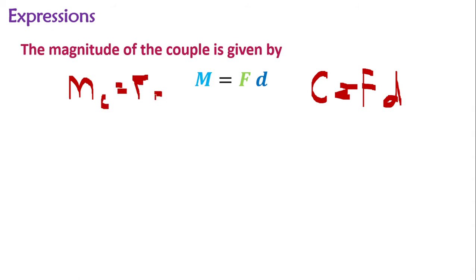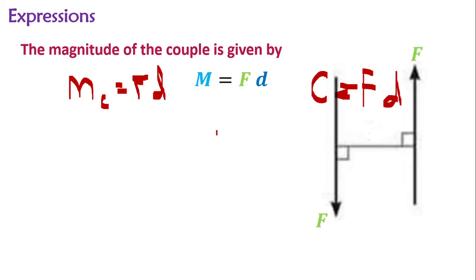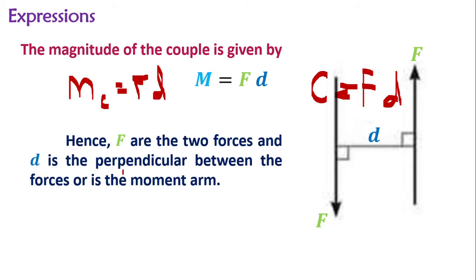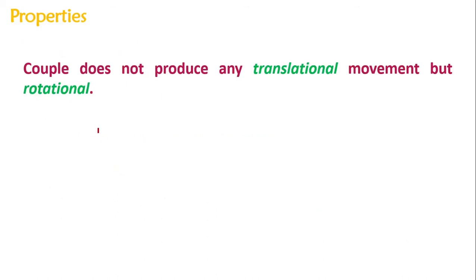Basta ang kailangan is force multiplied by the perpendicular distance. So, the F are the two parallel forces, and then the D is the perpendicular distance between the forces or the moment arm na tinatawag.